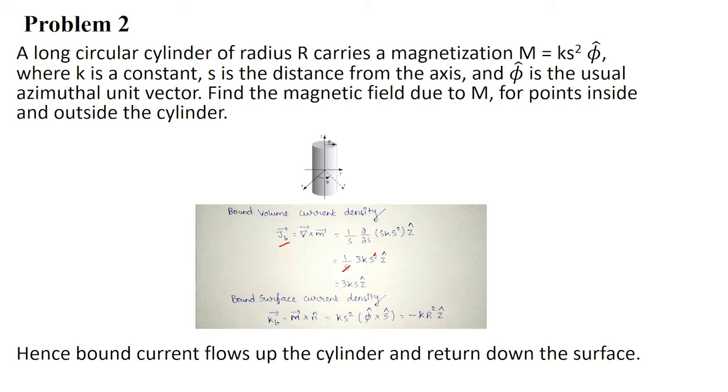And the next step is to find the bound surface current density K_b equal to M cross n cap, which is k R squared, and n cap is the unit vector. We have to use the unit vector, phi cap cross s cap.